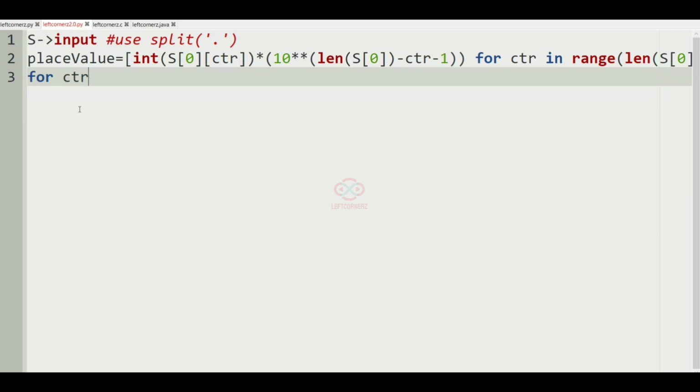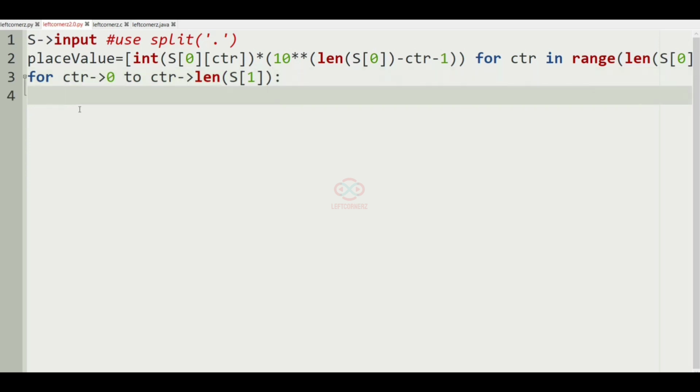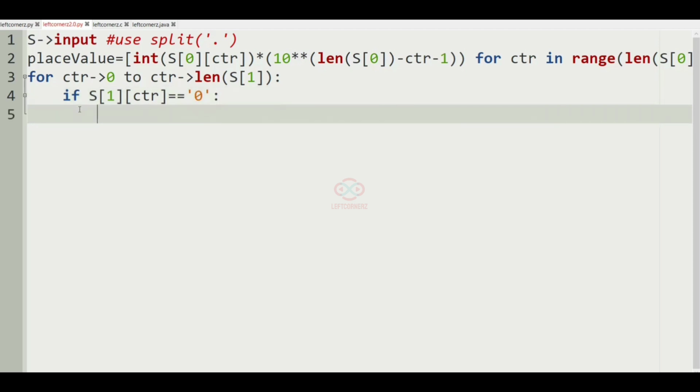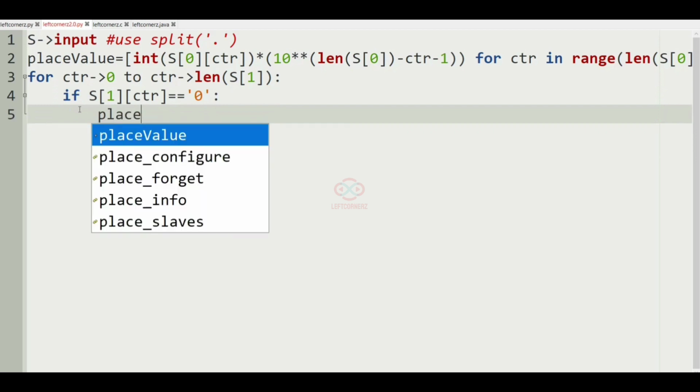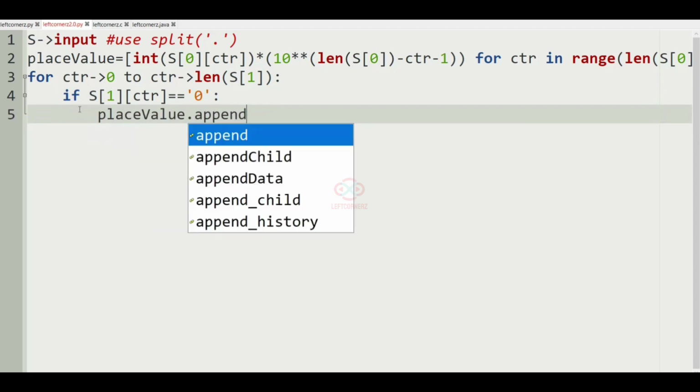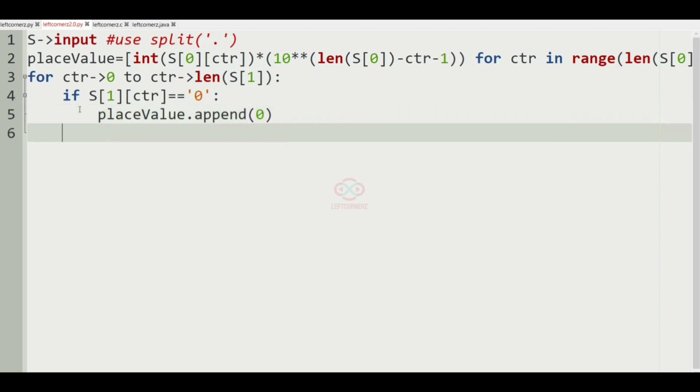After this we'll iterate for ctr from 0 to len of s of 1, and in that iteration, if s of 1 ctr is equal to 0, in that case the place value will be appended with 0.